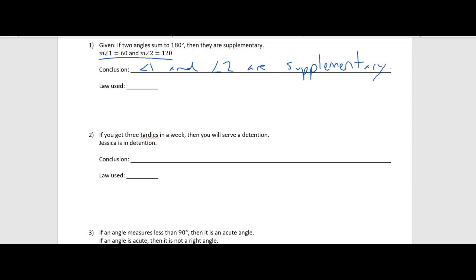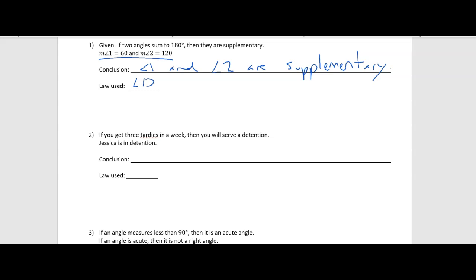And this would be based on the law of detachment. So the law of detachment says if our initial conditional statement is true and the hypothesis is true, then the conclusion has to be true.